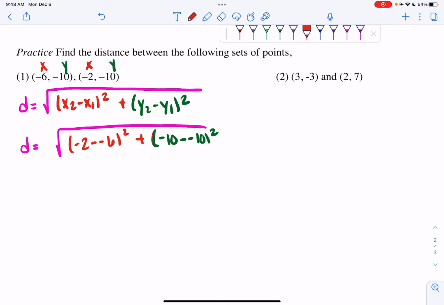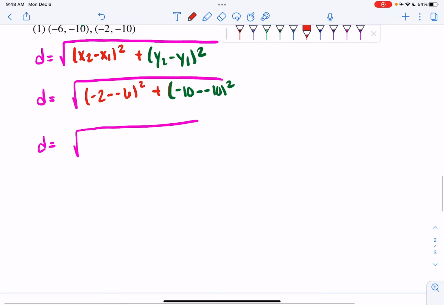Now I do this using my calculator. I can type this whole expression into my calculator without the radical and just get an answer, or I can do some mental math. Let's do some mental math just to get our head into that mindset of math. Well, -2 minus a -6 is 4, so I have 4 squared plus, well, -10 minus -10 is just 0, so I have plus 0 squared.